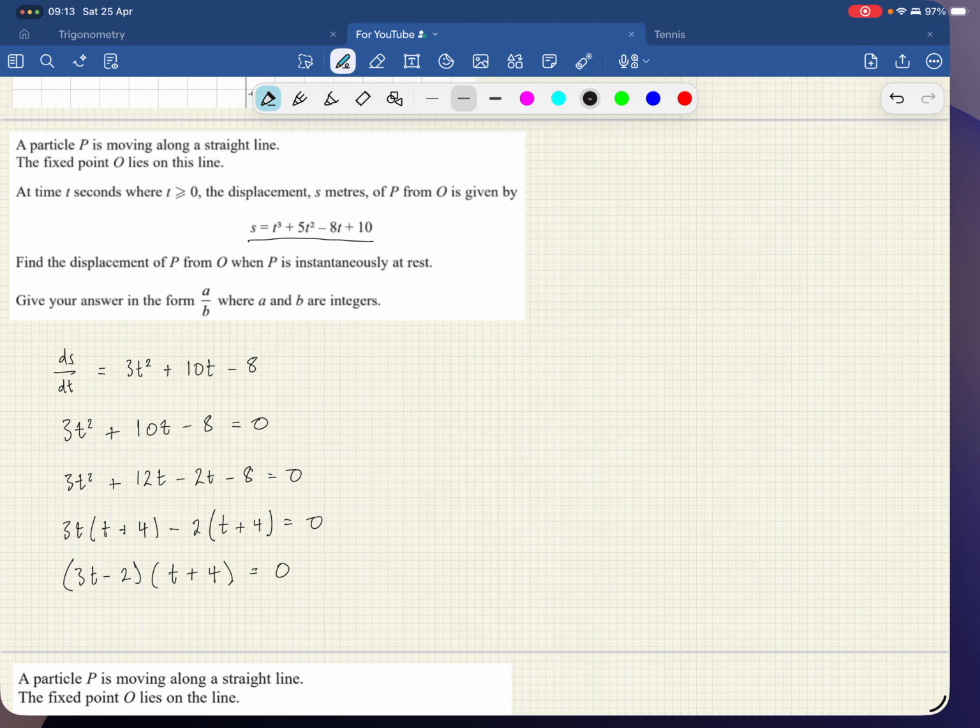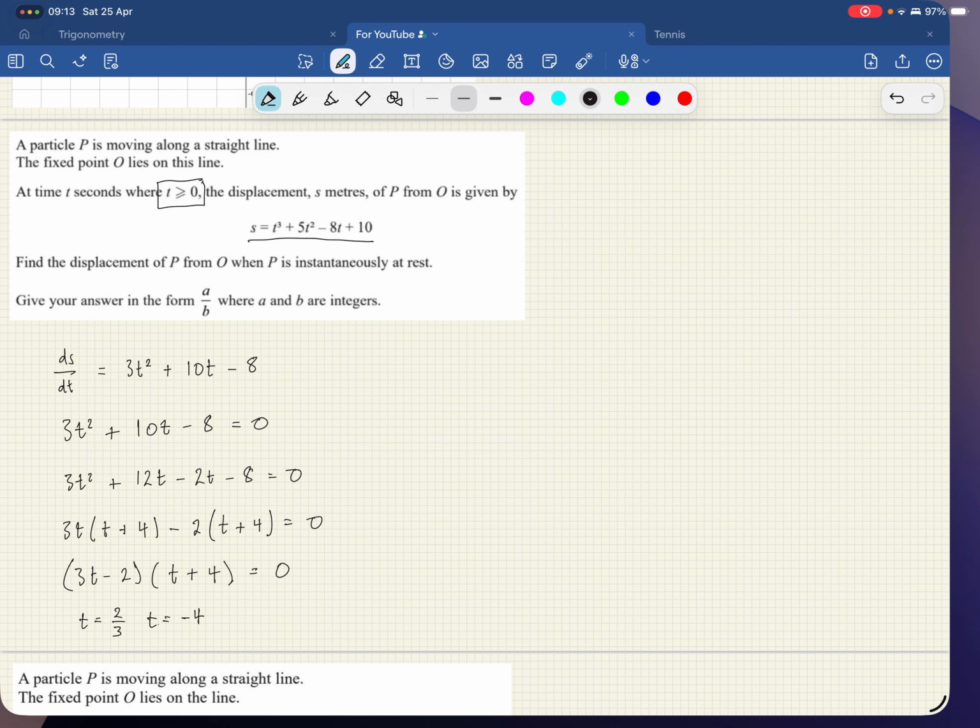So our solutions then are t equals 2 over 3 or t equals minus 4. Now we want to reject t equals minus 4 because we're told in the question t is greater than 0.